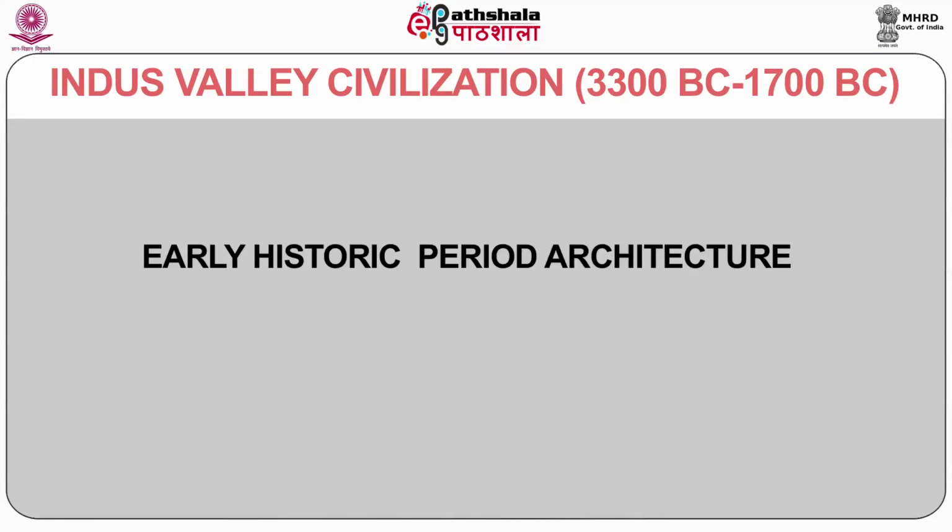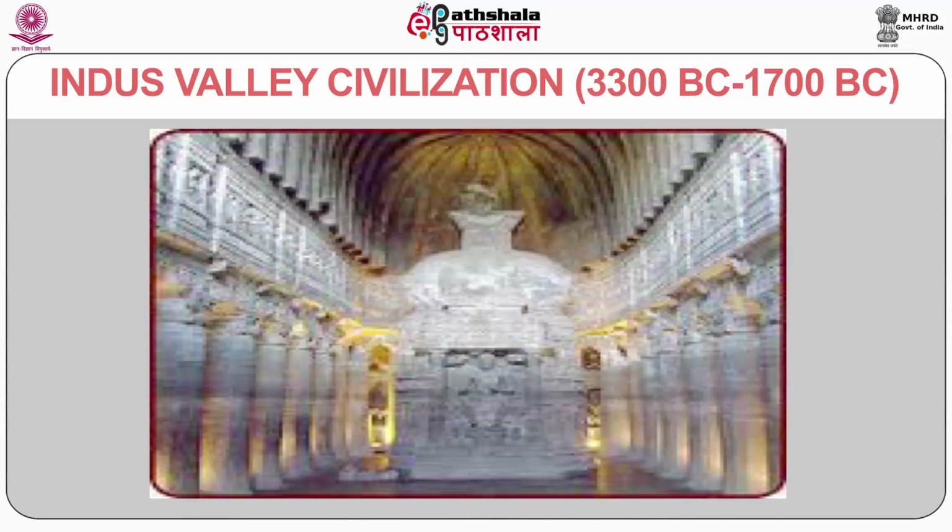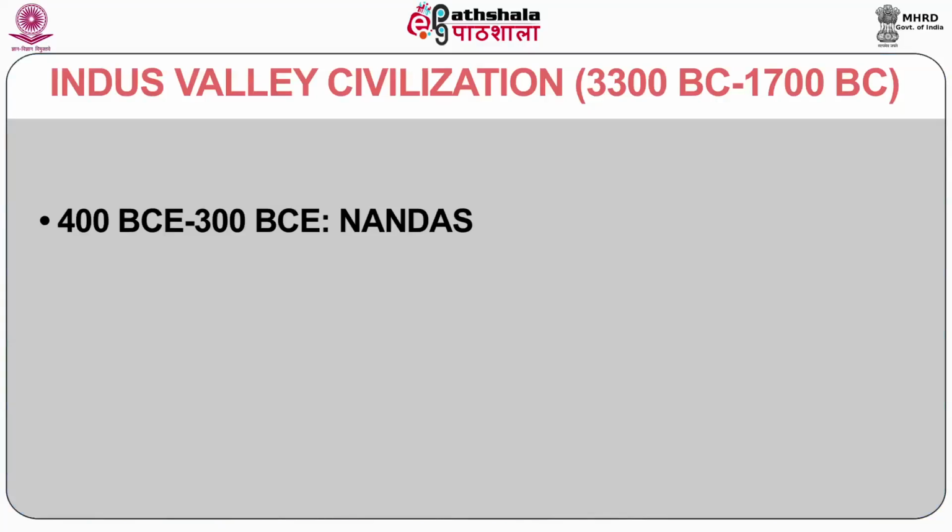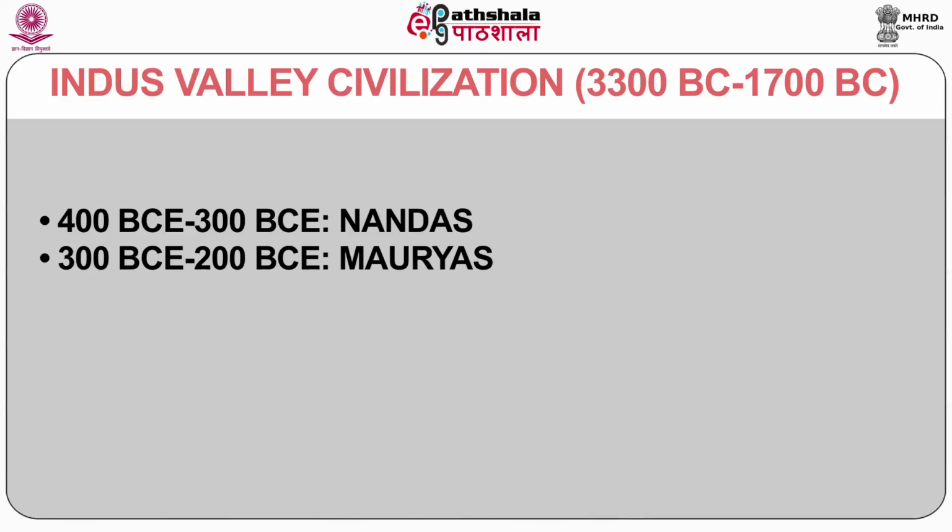Let us now discuss early historic period architecture. The foundation stone of the religious landmarks in the sacred land of India was laid down by early historic architecture. The timeline of the rulers under whose influence the architecture took place is as follows. 400 BCE to 300 BCE, the Nandas. 300 BCE to 200 BCE, the Mauryas.